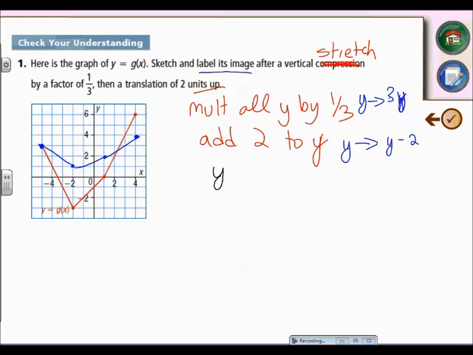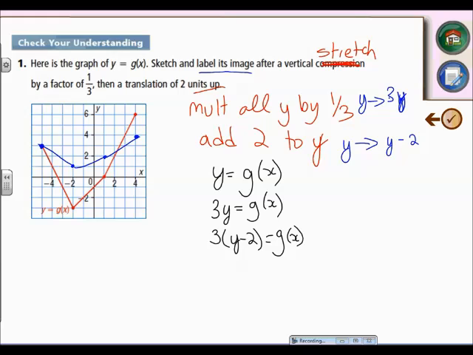So we start with y equals g at x. First of all, we put 3y in. And now we put the second one. Wherever we see a y, put y minus 2. You got to put brackets. We got to substitute. So that's where it's sitting. Everything's on the correct side. Now we're going to start taking everything over to the other side to isolate the y.